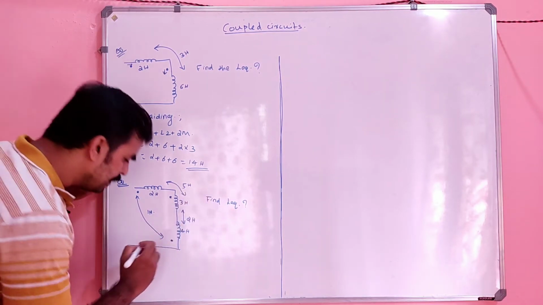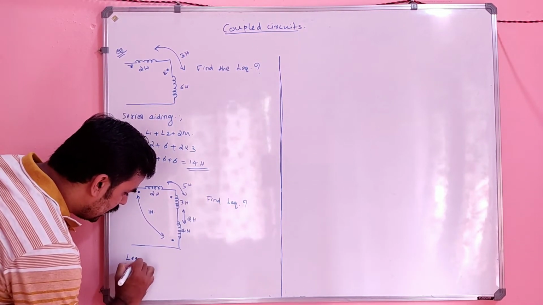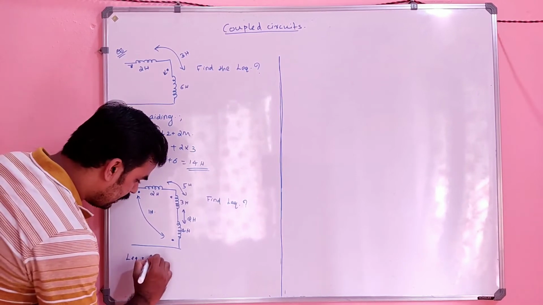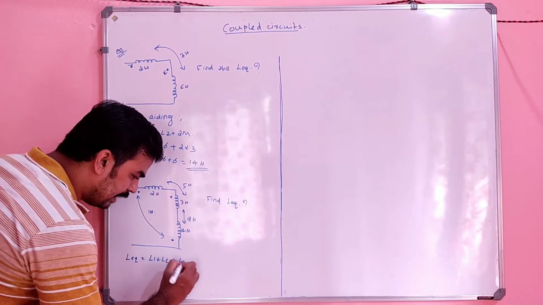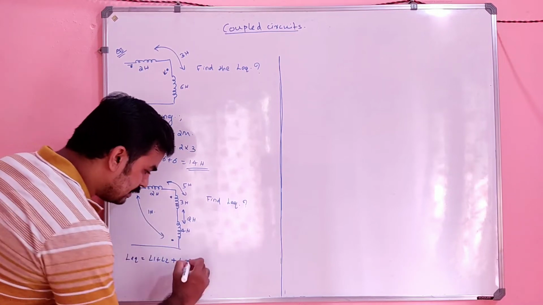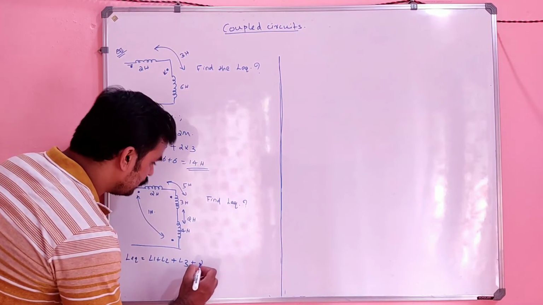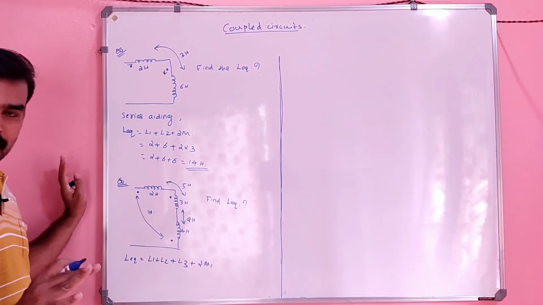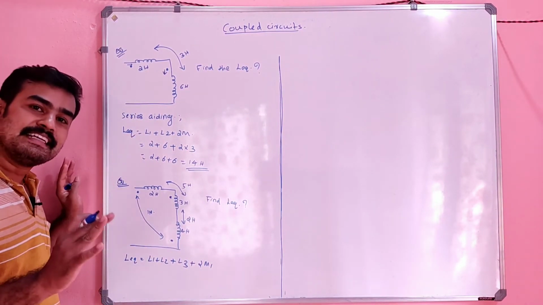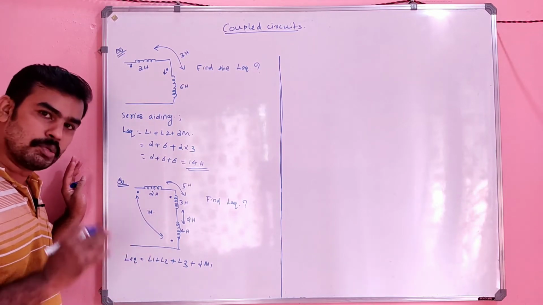According to the equation, L equivalent will be equal to L1 plus L2 plus L3 plus 2M1 plus 2M2 plus 2M3, if all the circuits are series aiding.